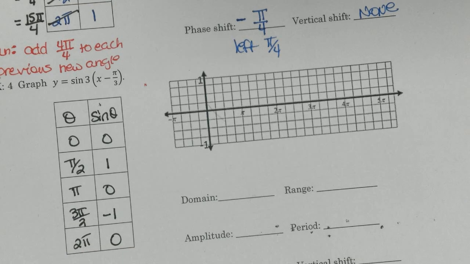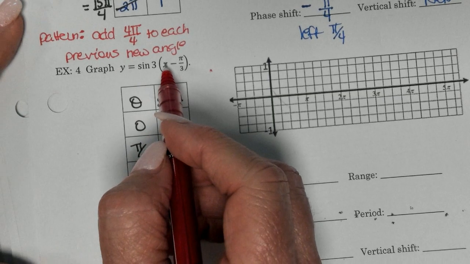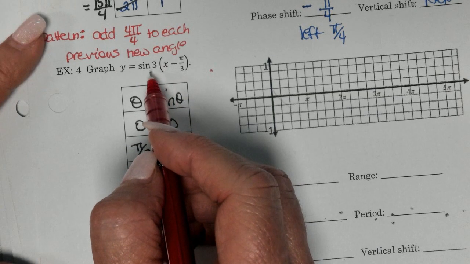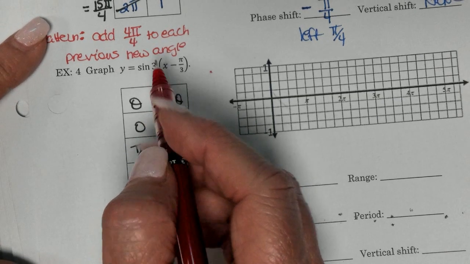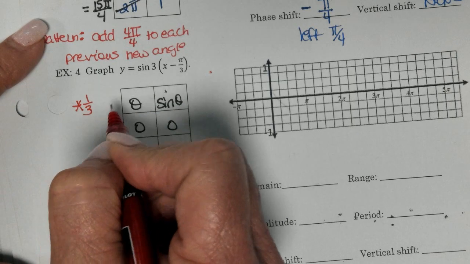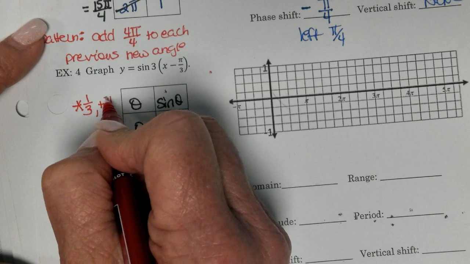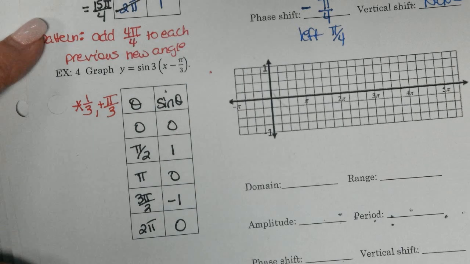All right, now, these changes, the multiplying by this 3 right here, remember we do the reciprocal. We multiply by the reciprocal, which is 1/3. And the opposite of subtracting is adding. Okay, so we do the opposite.